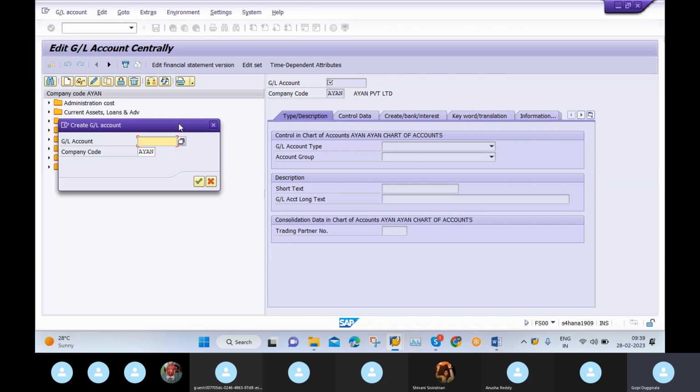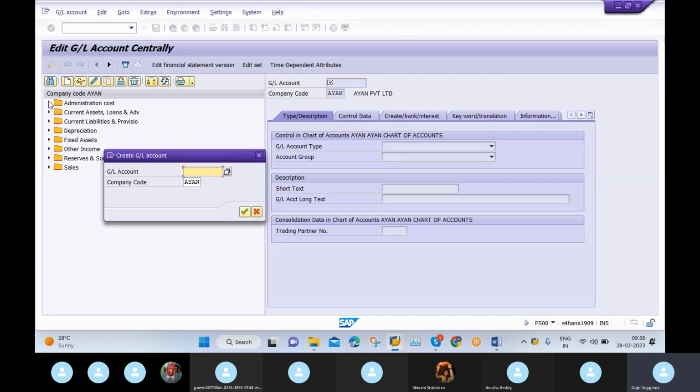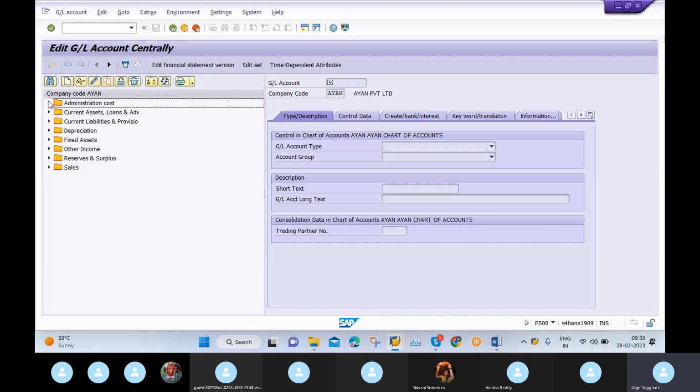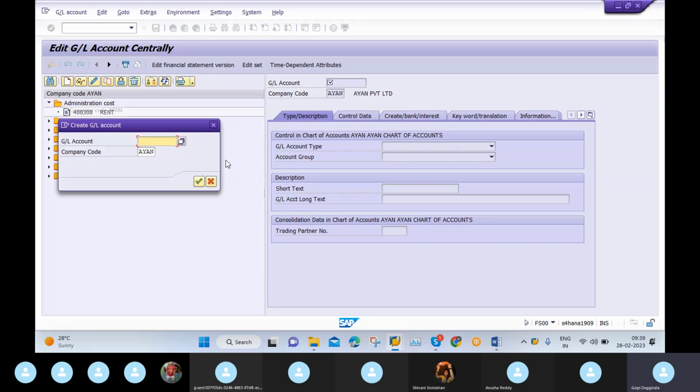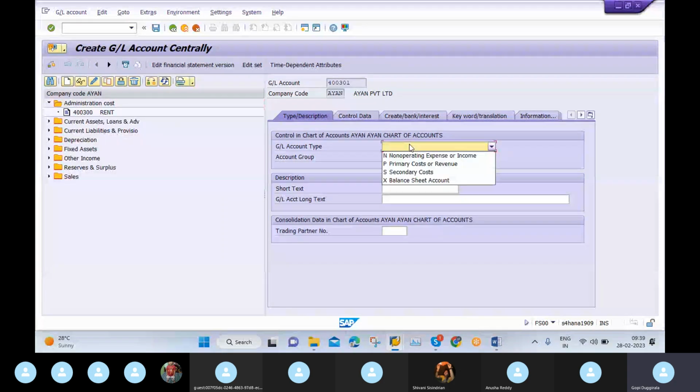For example, if I go here to 400301 and want to create this GL account, you can see you can create it directly here itself. In ECC, we have only two options, right?